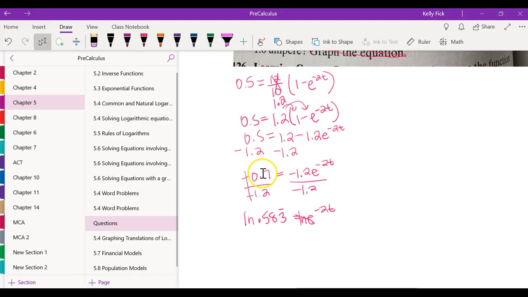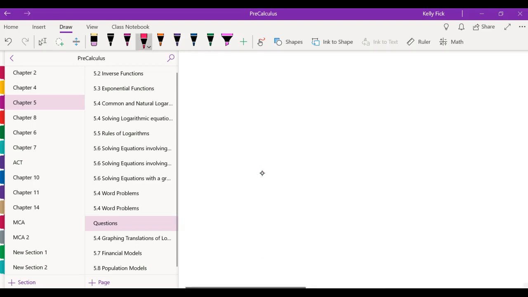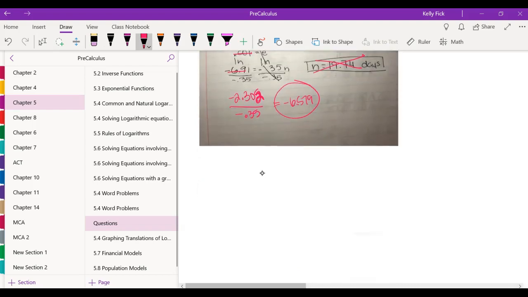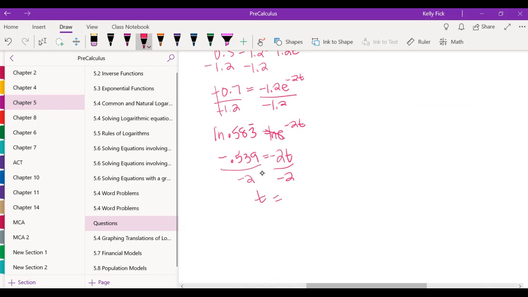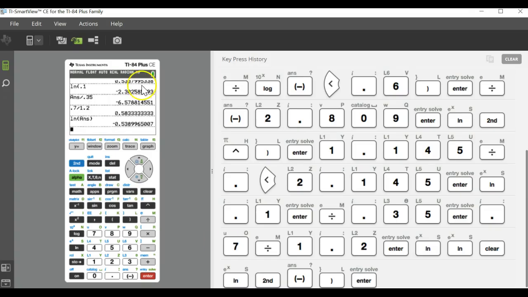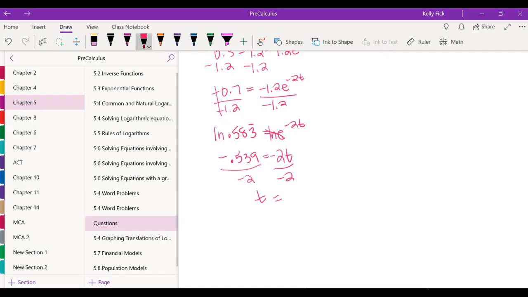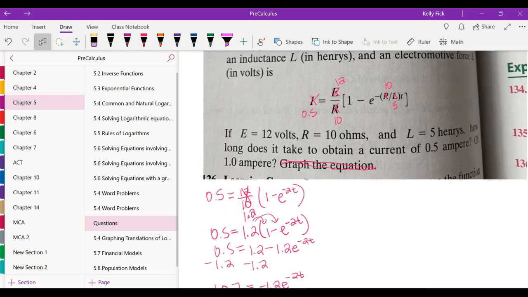So negative 0.539 equals negative 2T. So I would divide by negative 2 to get T. T equals 0.269. So that's your answer to the first part of 0.5.